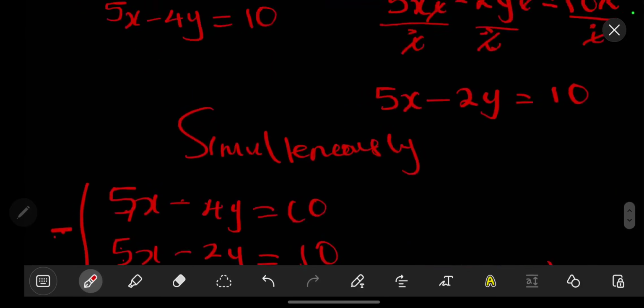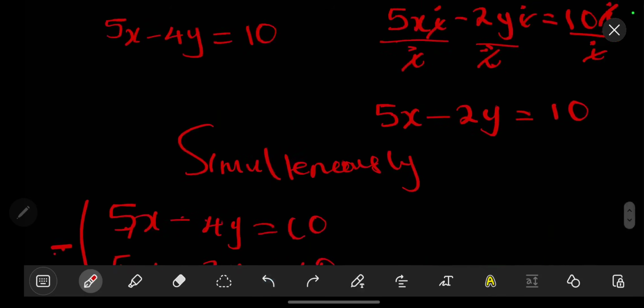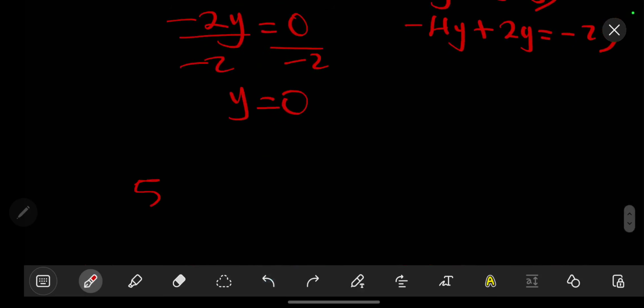Looking at the other one, getting any of the two equations, let's get this: 5x minus 2y should be equal to 10.